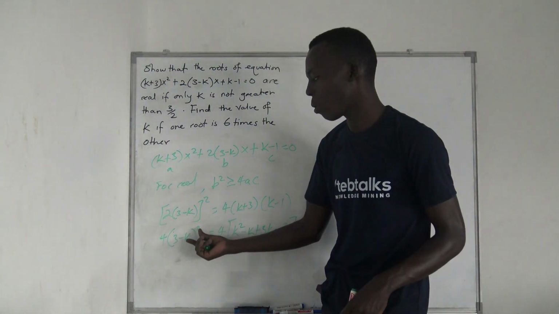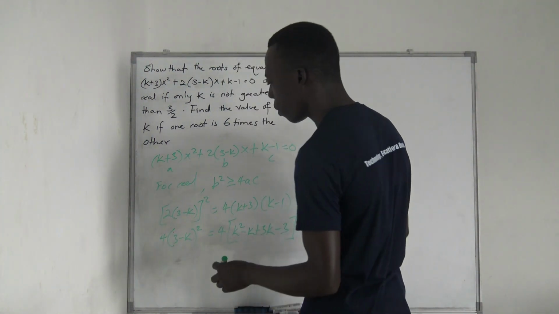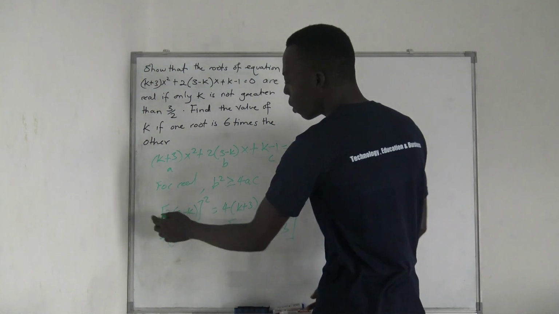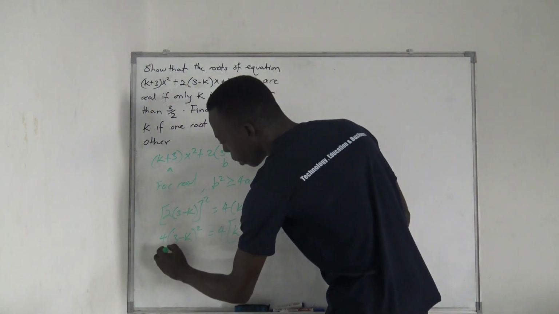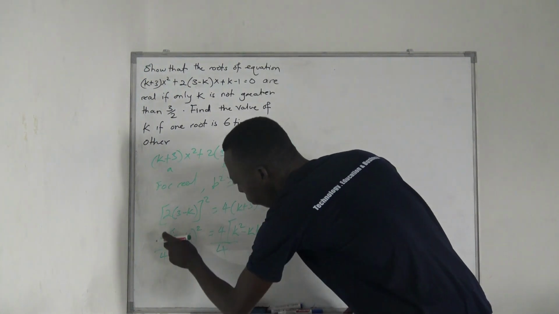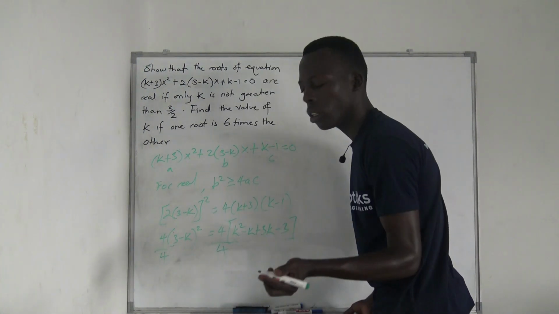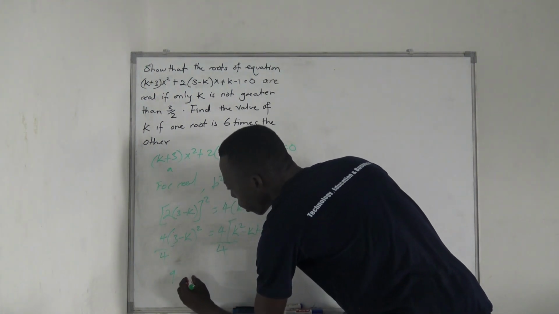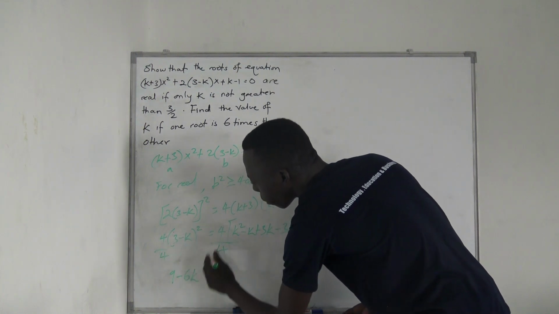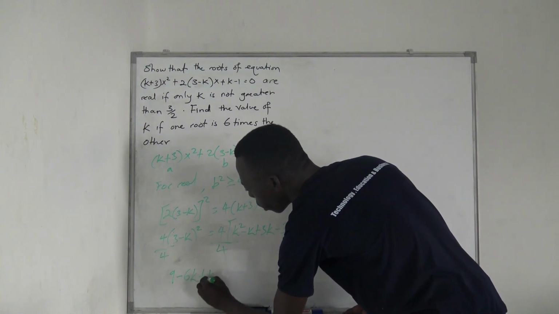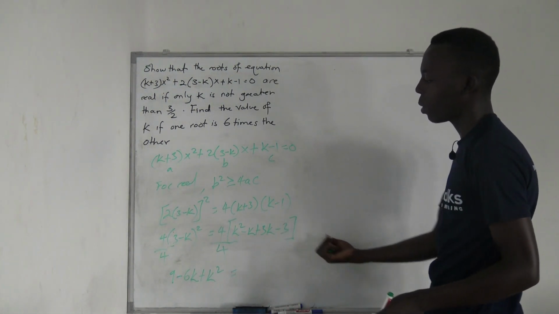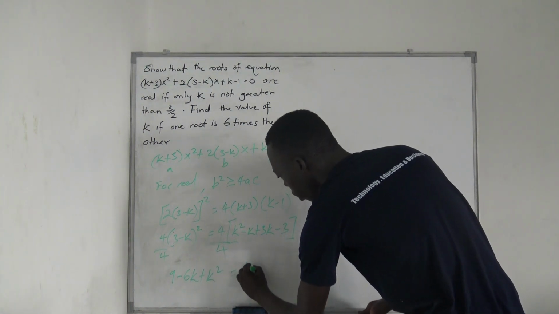Now we have to square this one, but before we square, we see here we have a 4, and here we have a 4. So this 4 can cancel by dividing both sides by 4. Here we shall remain with 3 minus k, and when we square it, it becomes 9 minus 6k plus k squared.